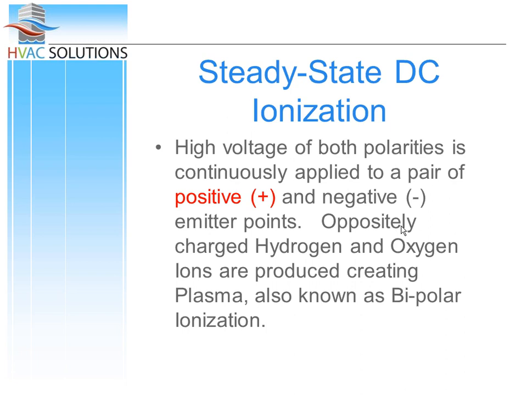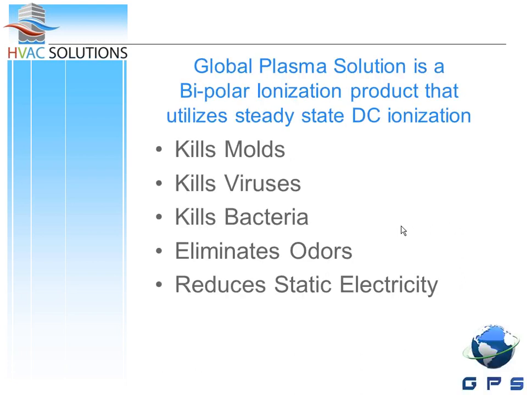So when I talk about it, I think of plasma as kind of the cloud. Not the cloud where we're storing a bunch of data, but a cloud where things are passing through it and going away. So bipolar ionization is kind of the process, and we're creating plasma, which I like to think of as the cloud.